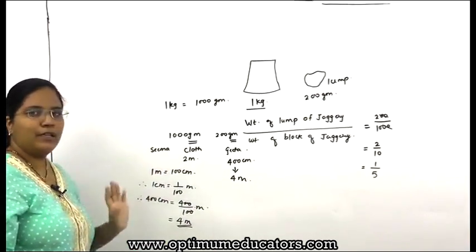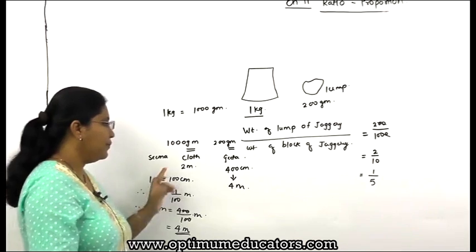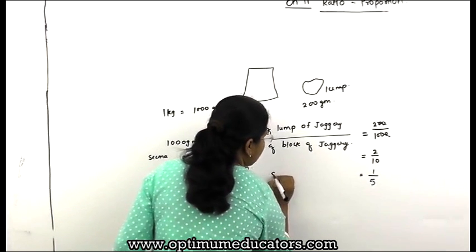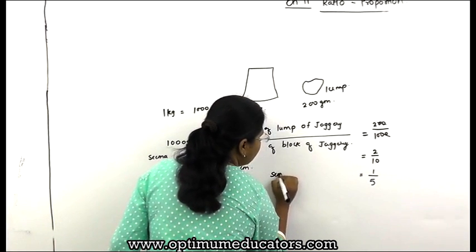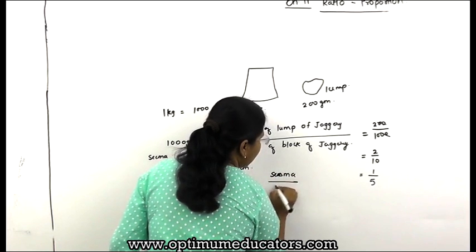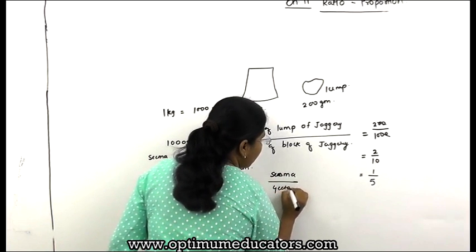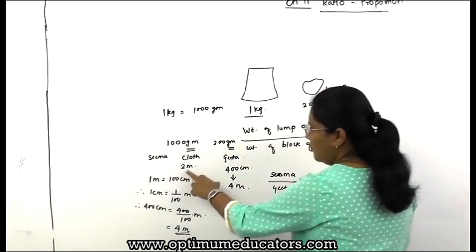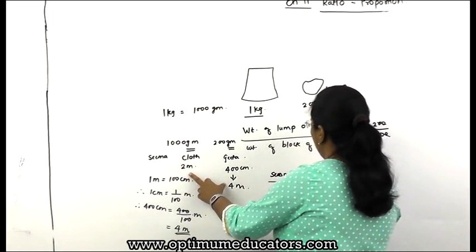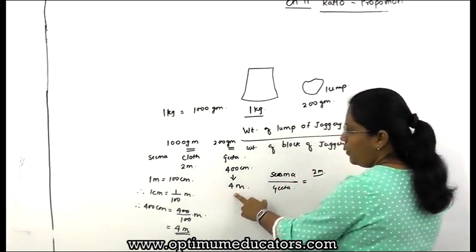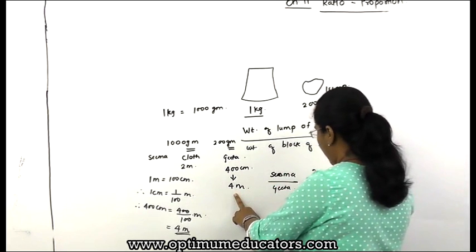So now isn't it easy to find out the ratio? Seema and Geeta. How much does Seema have? She has 2 meters of cloth. And what about Geeta? She has got 4 meters.